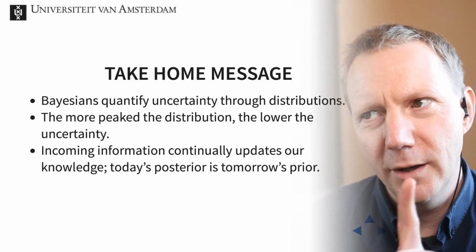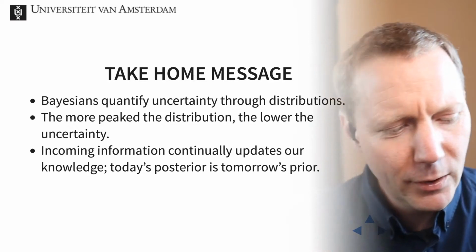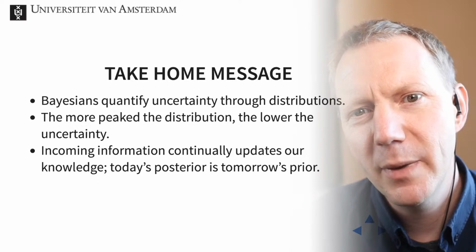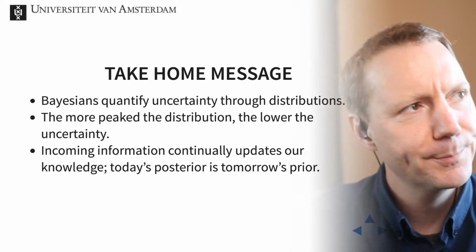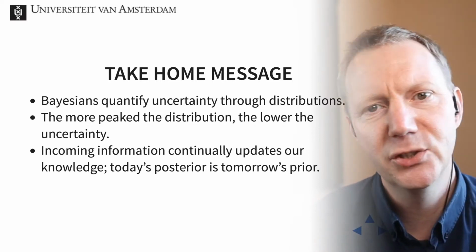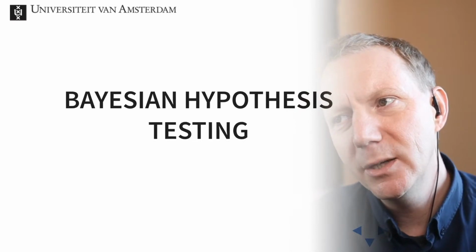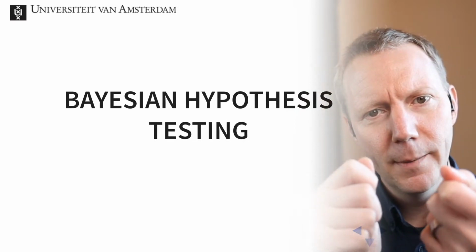We're not done yet, because estimating your parameter is one thing, and it's nice to have a good understanding of, or be certain about, your parameter value. But sometimes you actually want to compare.